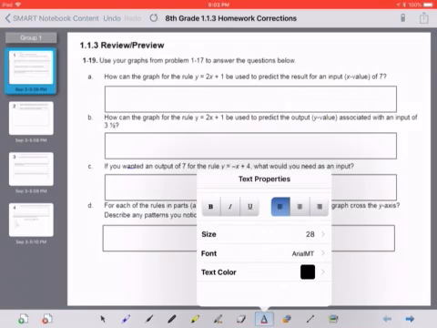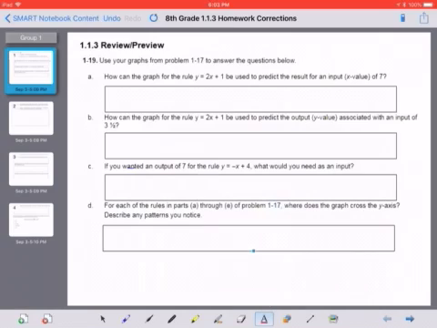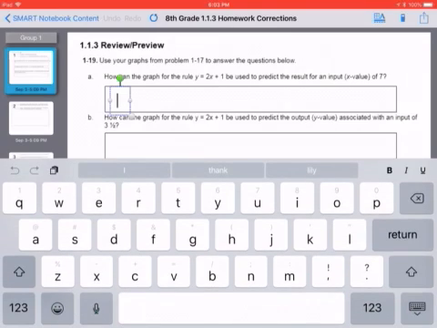For this problem, what you're being asked to do is figure out where x, if x is 7, falls on the line. So a lot of you said plug it in, which, if it didn't say to use your graph, would be a valid way to do it.